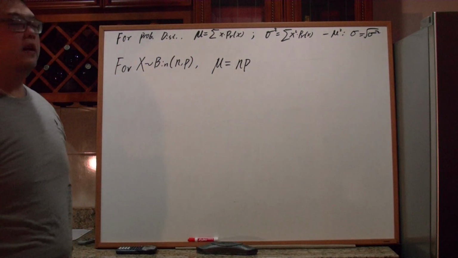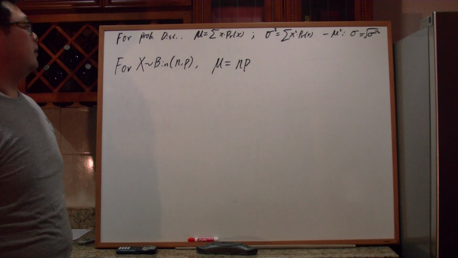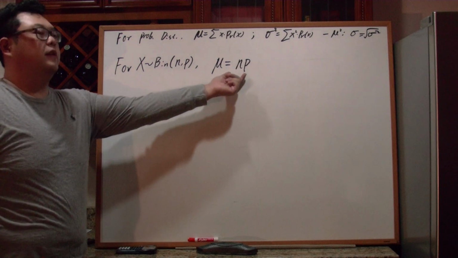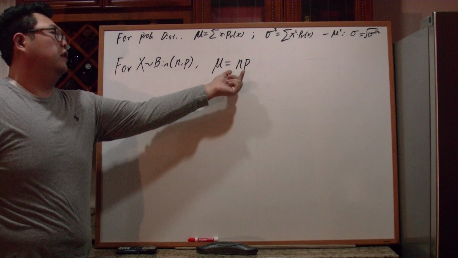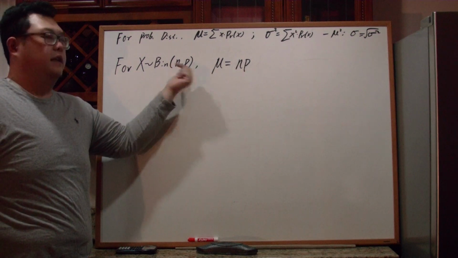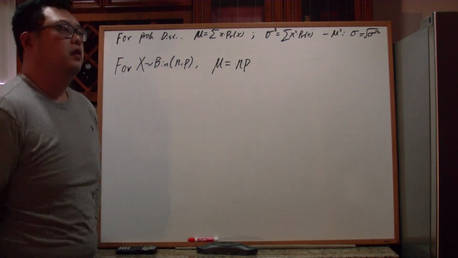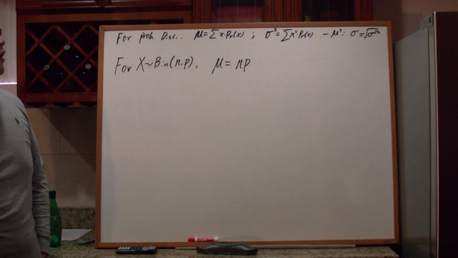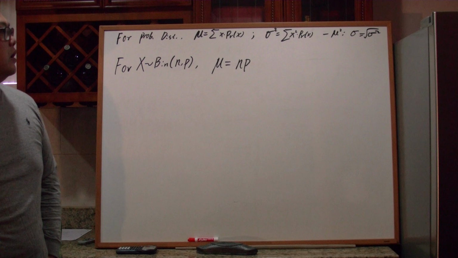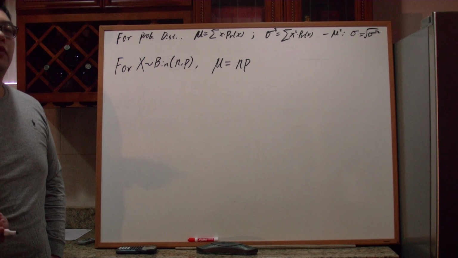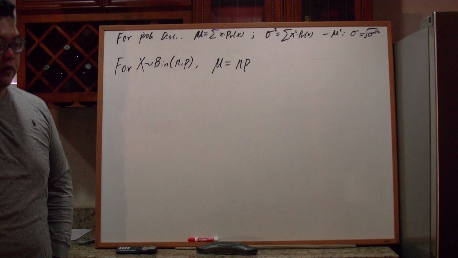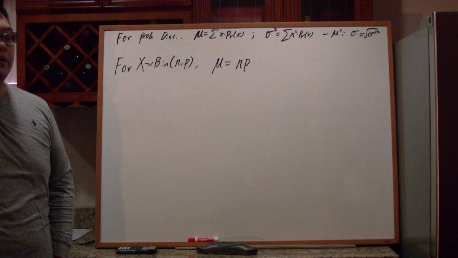The expected value or the mean of the random variable will be the product of the two parameters, n and p. N times p will be the mean. Such as, like we had an example before, right? 14 newborn babies, with the equally likely assumption.